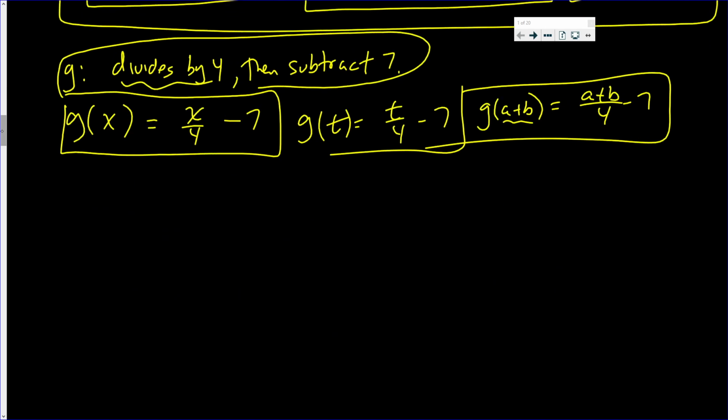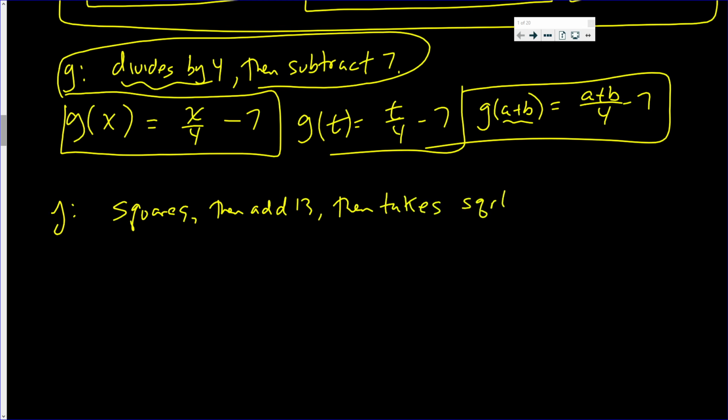How about the function j? It squares, then it adds 13, then it takes the square root of everything. So you decide what you put in there.